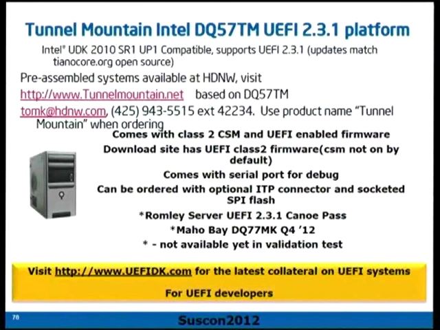There's a location here at tunnelmountain.net that you can go and purchase one of these DQ57 TM systems, which has a matching version of the UEFI 231C tianocore.org firmware on there, and it boots class 2 version C that I mentioned before, and you can try out your UEFI secure boot on there and see if it works. This is meant as a software development vehicle for all of the OS vendors to go off and get their UEFI secure boot or just UEFI implementations tested out and working.